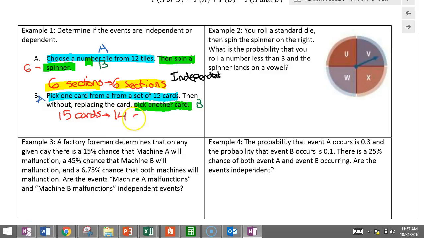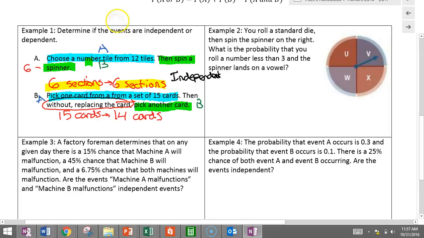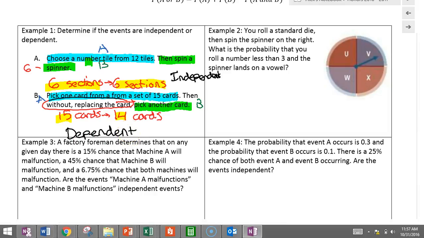Then without replacing it, now I only have 14 cards, right? Now these numbers have changed. So for this one, it's dependent. And that's the difference between your independent probability and your dependent probability. It's changed.